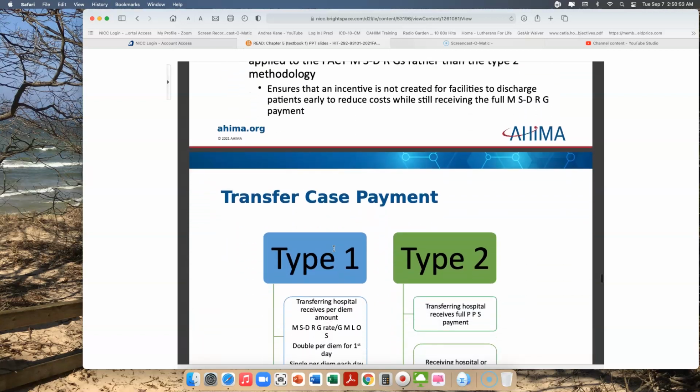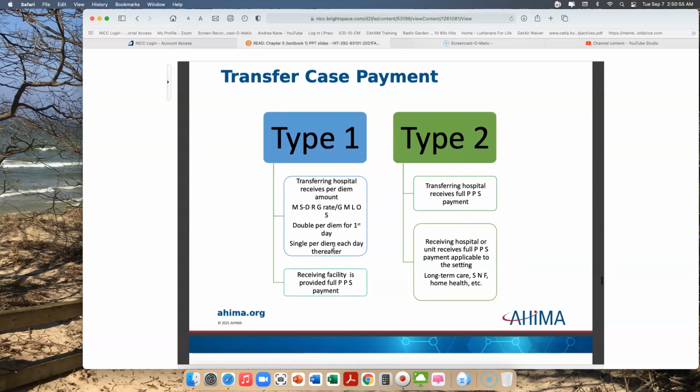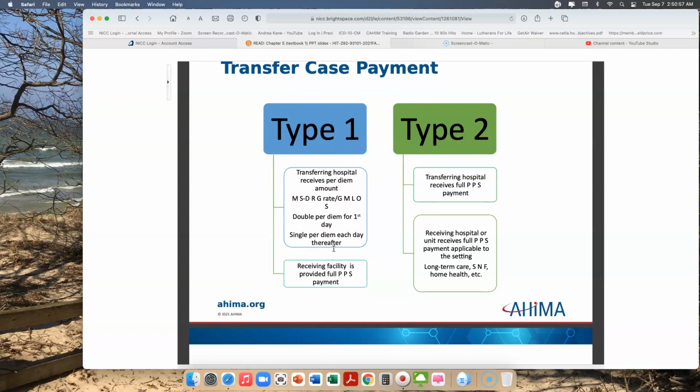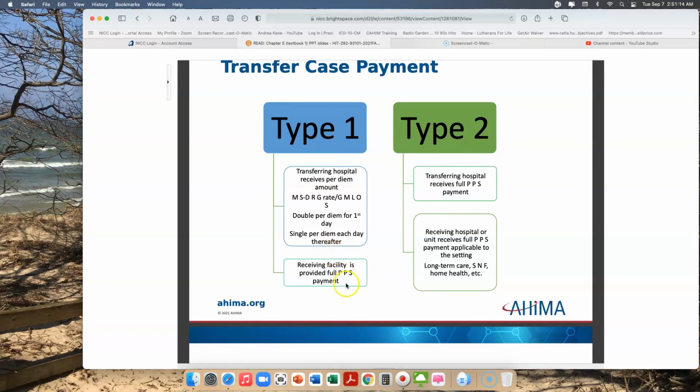It'll give you the examples. Oh, here's one. Type 1, transferring hospital receives per diem amount, which is the MSDRG rate, geometric length of stay, double per diem for first day, single per diem each day thereafter. And then the receiving acute care hospital is provided the full IPPS payment.